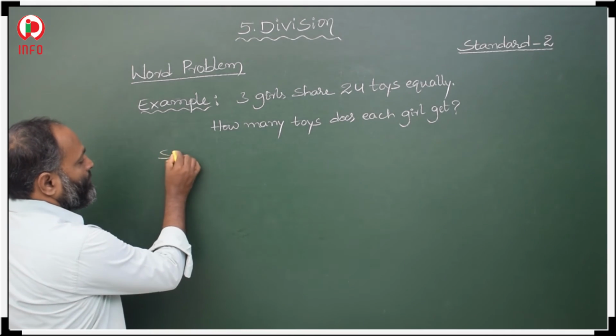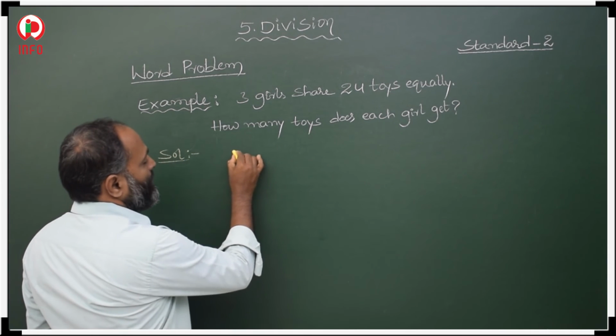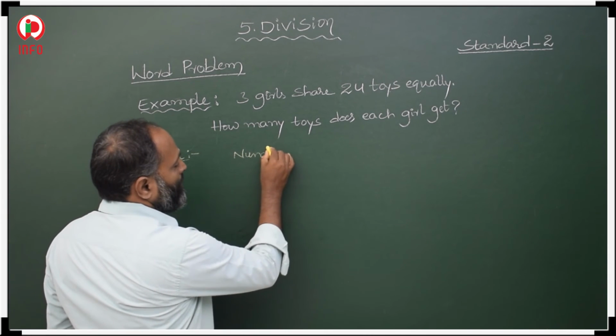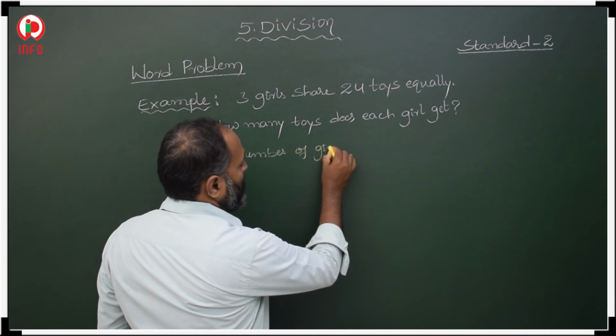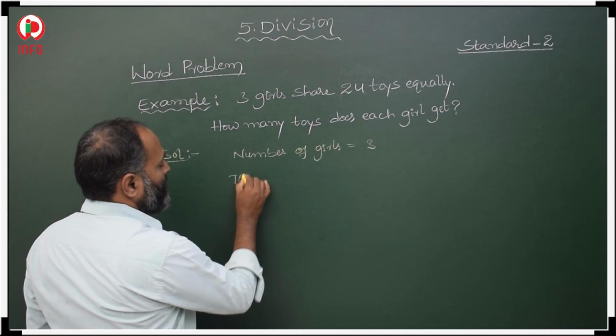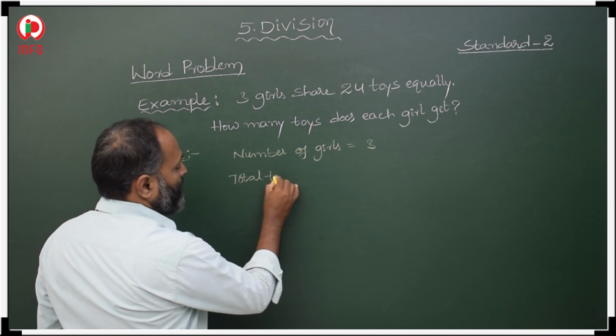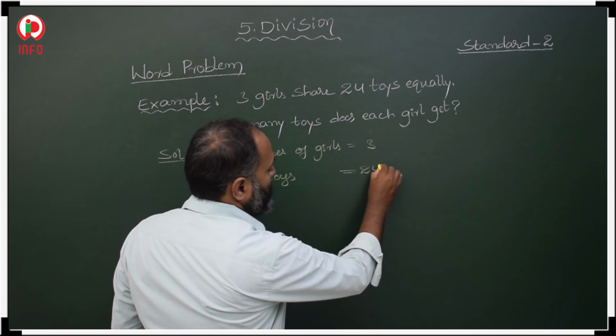So, first the solution. Number of girls: how many girls are there? Number of girls is 3. Total toys: how many toys were there? 24 toys.